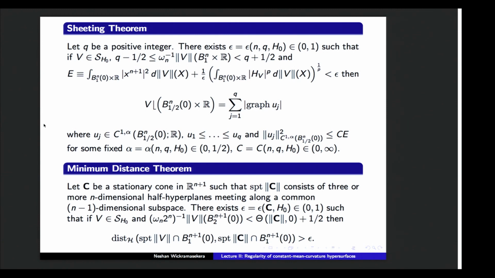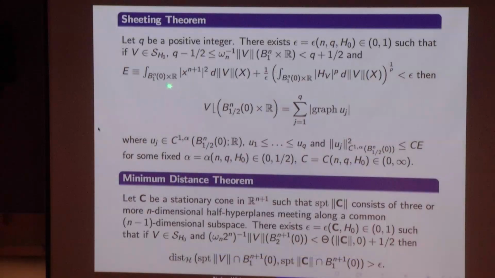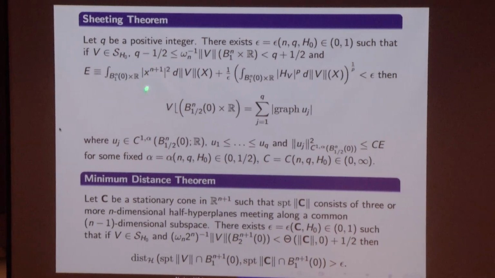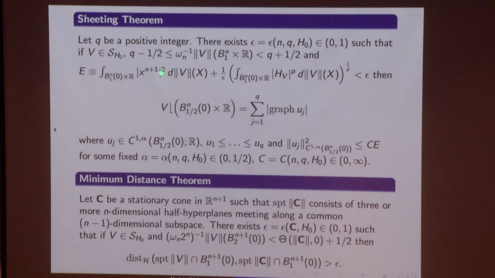This is called the excess for a given varifold in our class V, which measures how far it is from a plane in the L2 sense. Okay, from R^n, this is how far it is, and then there is the L^p norm of the mean curvature term here. We want both of them to be small. That's what this implies.